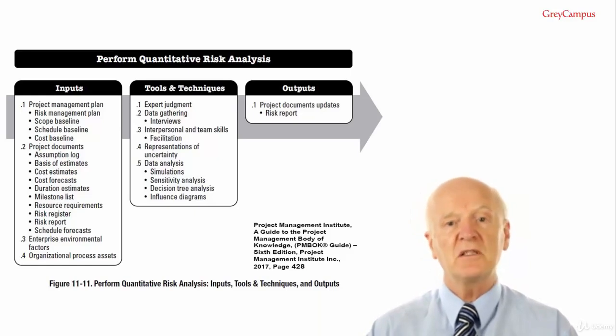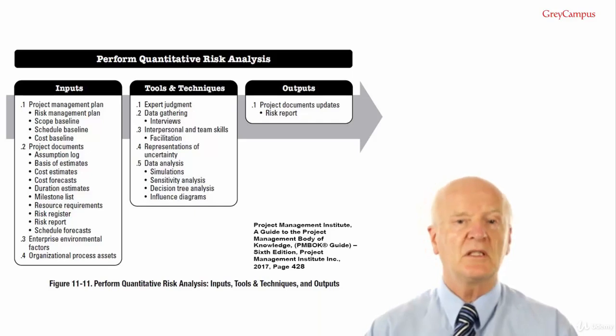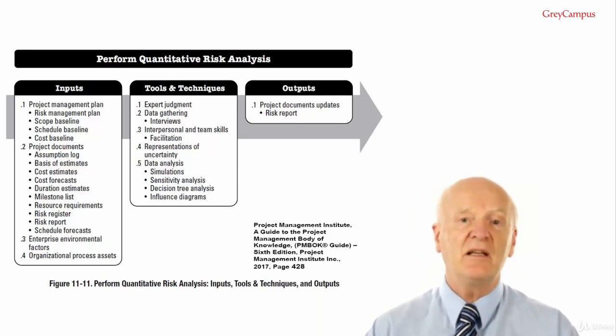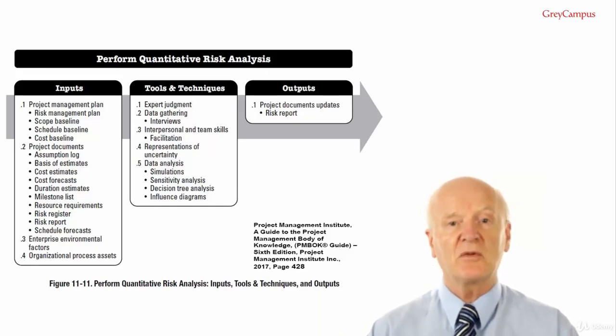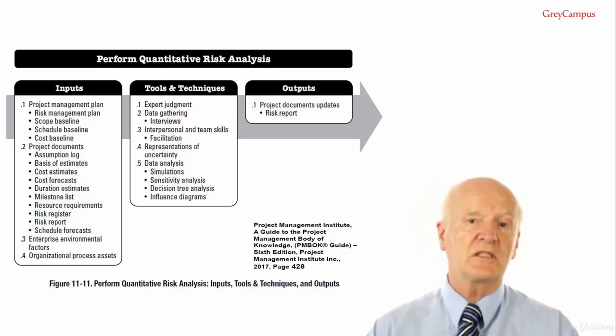Also the duration estimates, milestone list, resource requirements, the risk register. The risk register contains details of individual project risks to be used as input for the quantitative risk analysis. Risk report that describes sources of overall project risk and the current overall risk status.